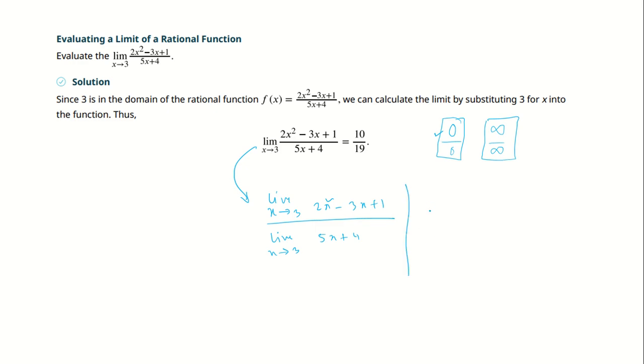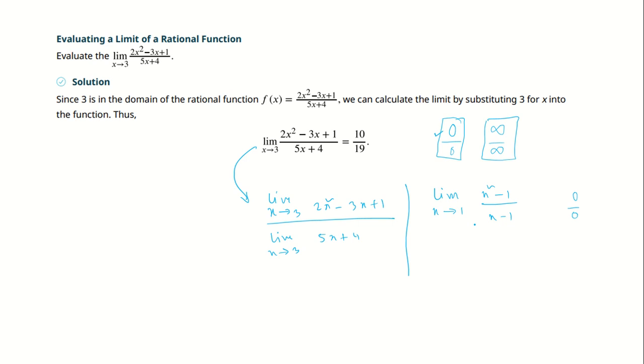The perfect example can be here, if x approaches 1 and we have x square negative 1 by x negative 1. So can we substitute x directly here? If we substitute x directly, then we have 0 by 0, right?